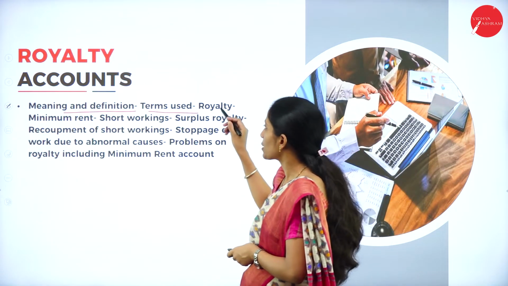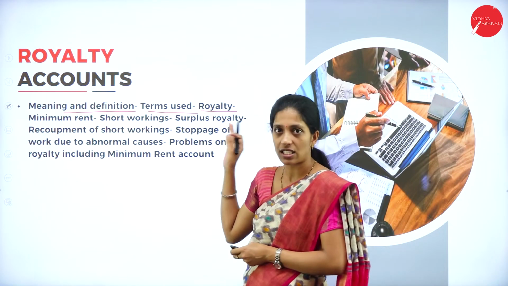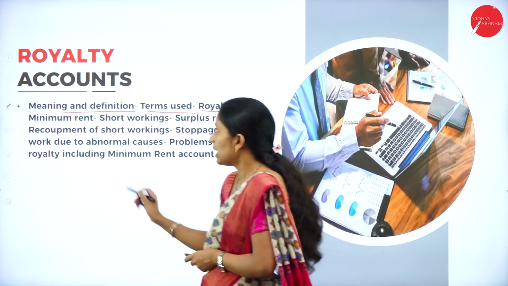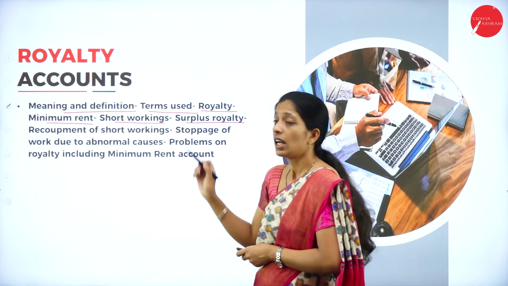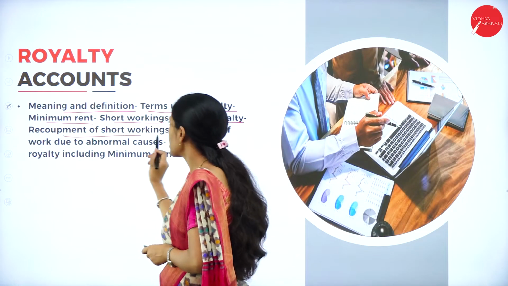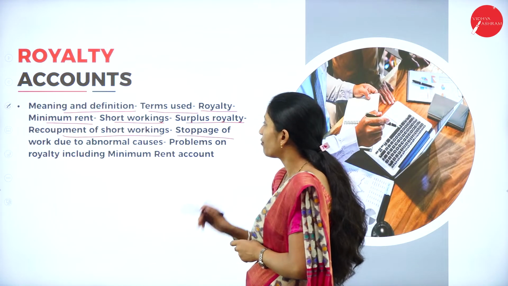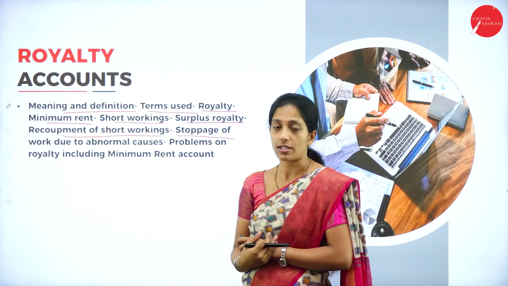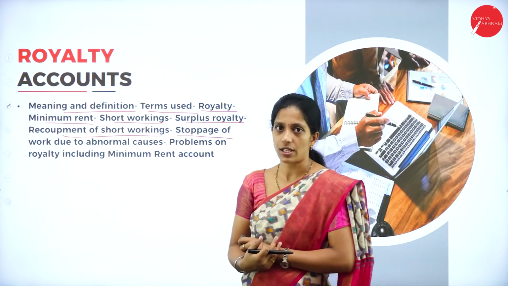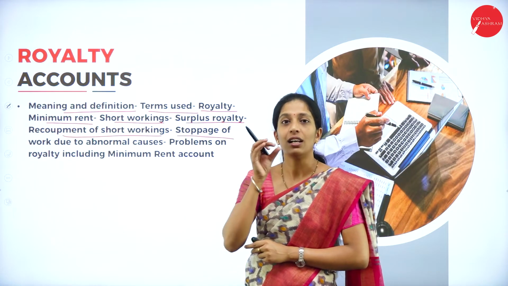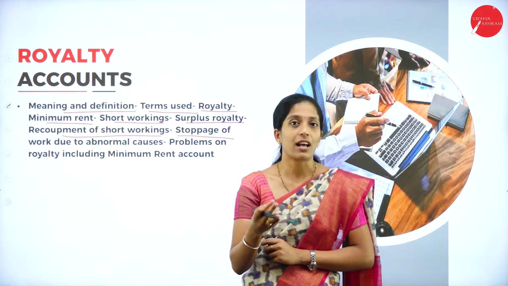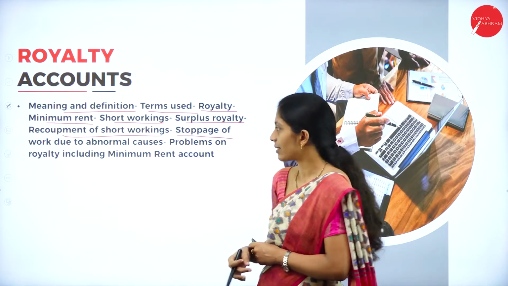So you might expect a question on these terms, that is on royalty, minimum rent, short workings, surplus royalty, recoupment of short workings, and stoppage of work due to abnormal causes. So these are a few concepts you are going to learn. The expected question will be on those terms, where they might ask you to write a note on them.